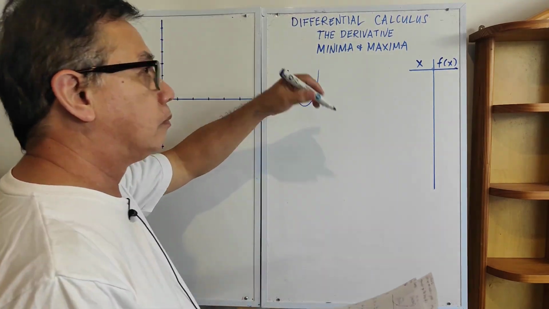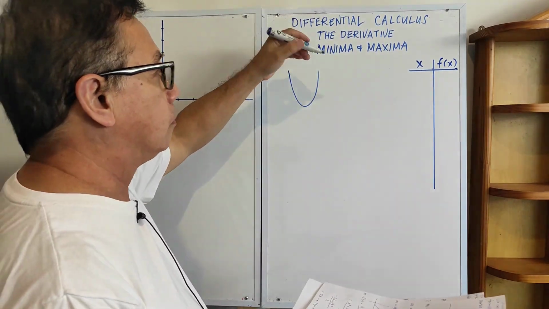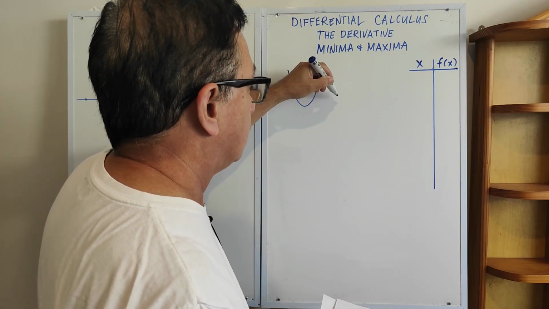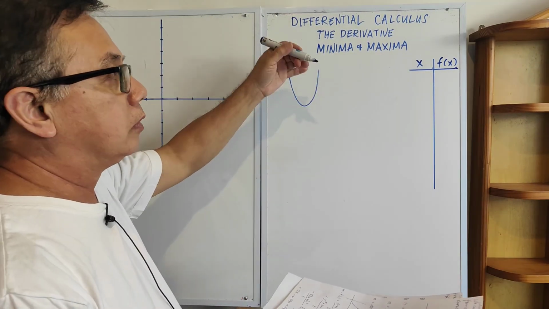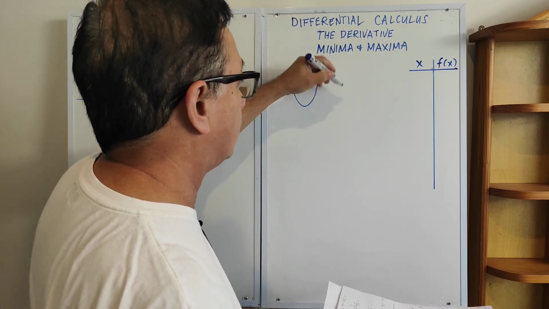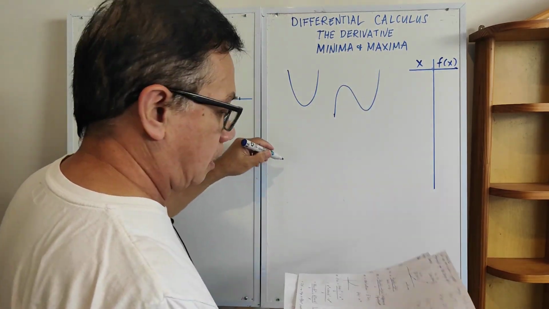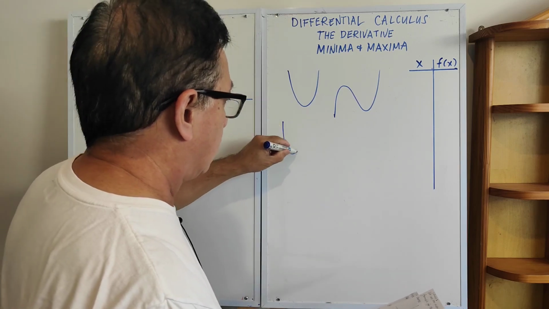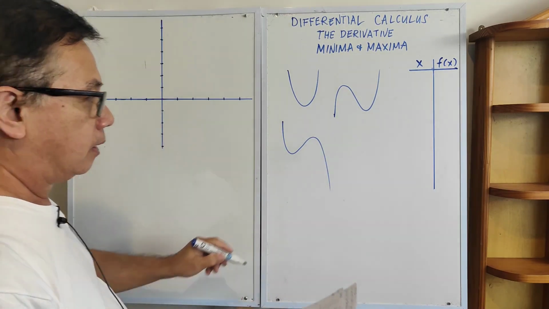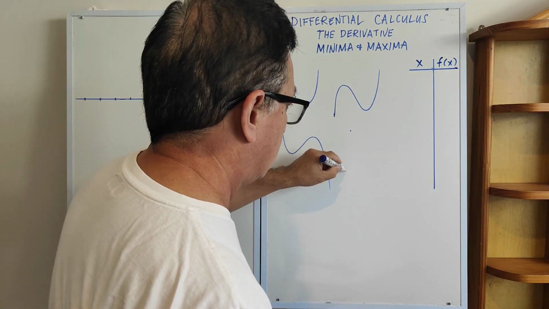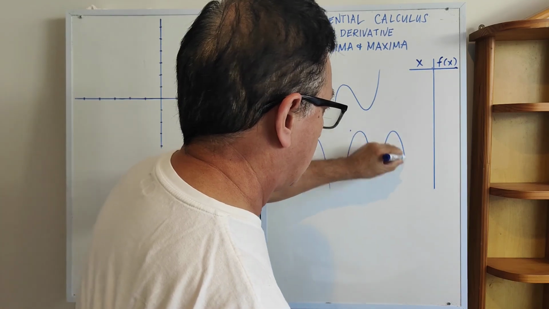Sometimes for cubic equations, where the variable has an exponent of 3, it will look like this, or it would look like that. Sometimes like this.